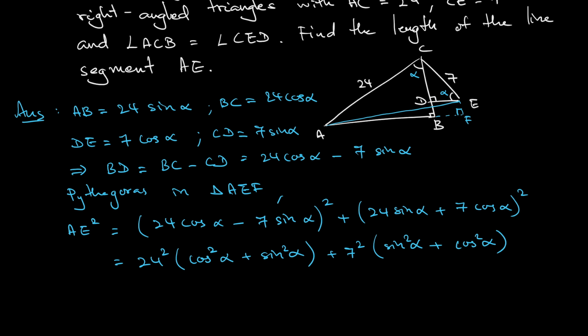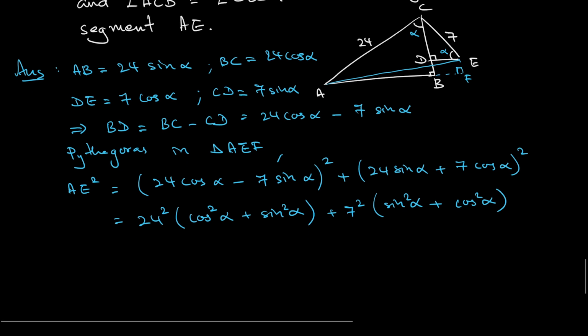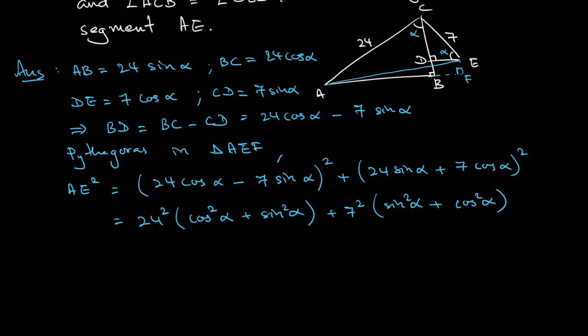And the 2ab term will cancel each other out. Alright, 2 multiplied by 24 multiplied by 7 multiplied by sine alpha multiplied by cosine alpha. Here's a minus, here's a plus, so it will cancel each other out. So this is what we have, but we know that cosine squared plus sine squared will be 1, right? So this is just 24 squared, and this will just be 7 squared.